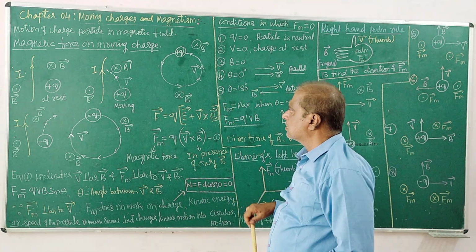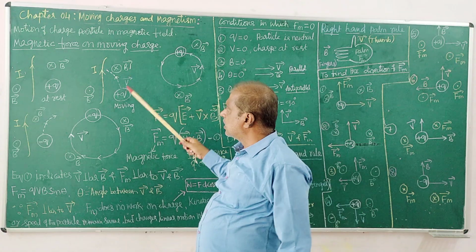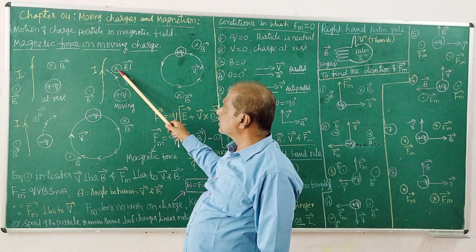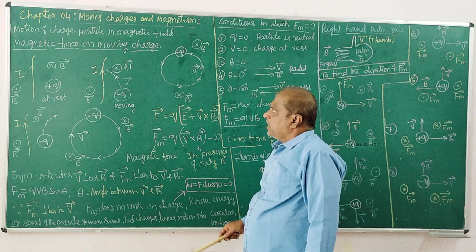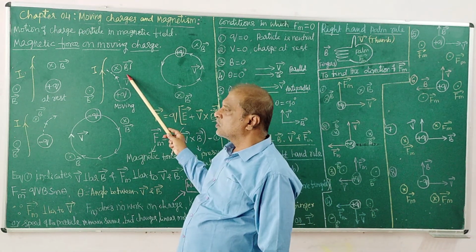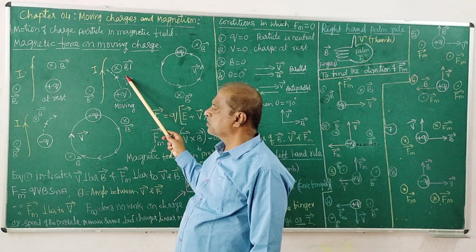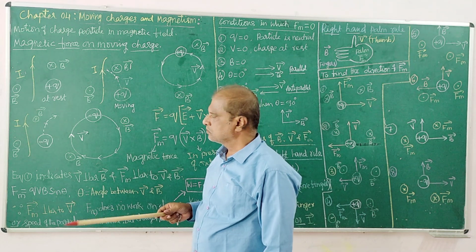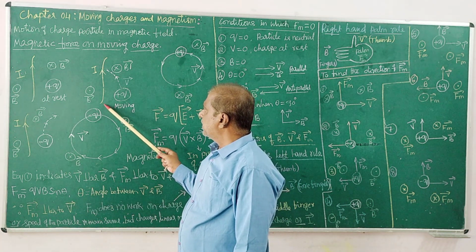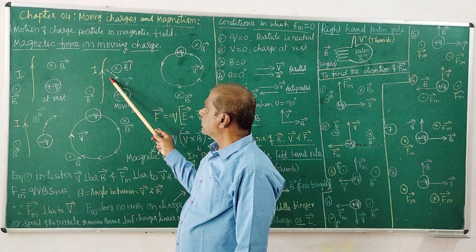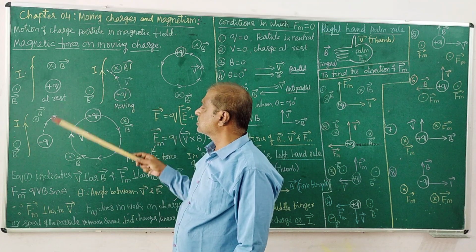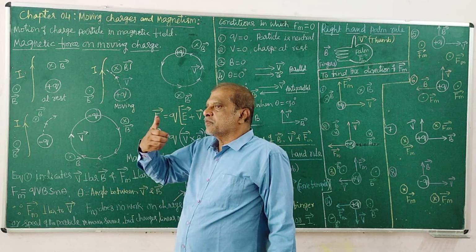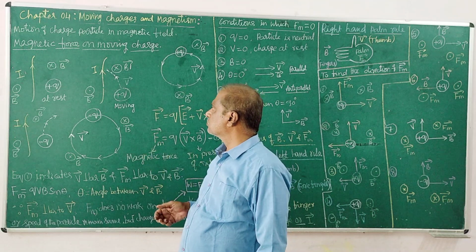Why is the magnetic field there? As I already know from the Biot-Savart's law, a conductor carrying a current induces magnetic field in its surroundings.